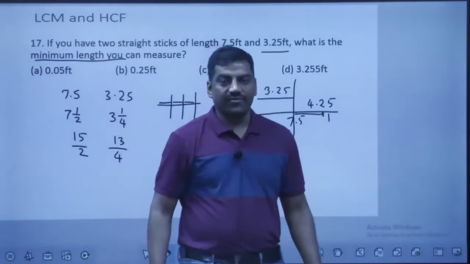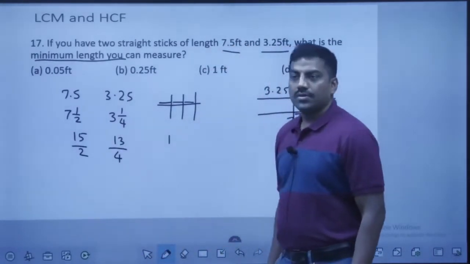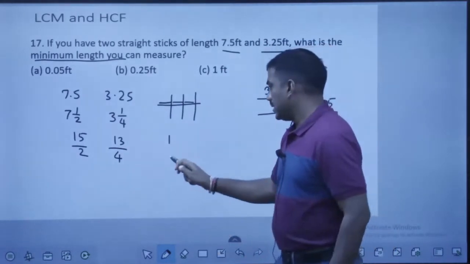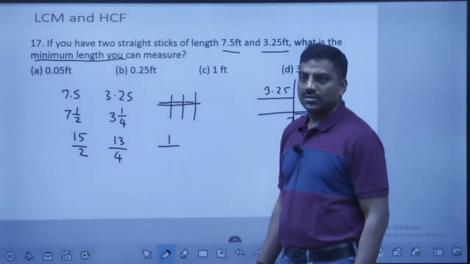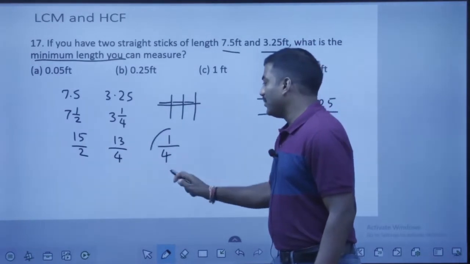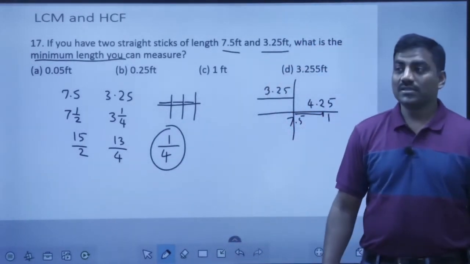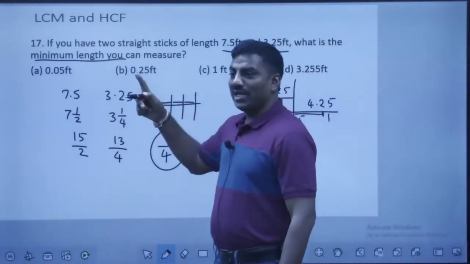Now find out the HCF. HCF of the numerators: 15 and 13, both are coprime, so 1. Divide by the LCM of the denominators, 2 and 4, which is 4. So 1 by 4 is the minimum length possible. Yes? But 325 is not familiar to you.